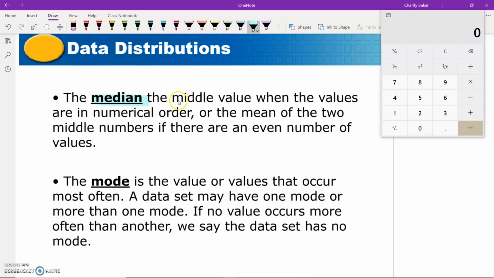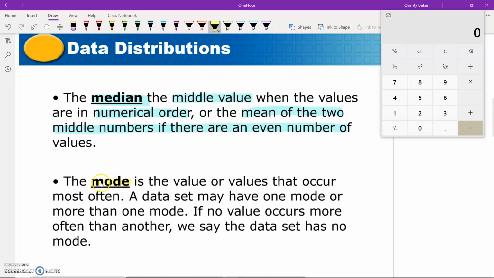The median is the middle value when the values are in numerical order. If there are two numbers in the middle, then we take the mean of the two middle numbers. I'll show you how to do that, no big deal.